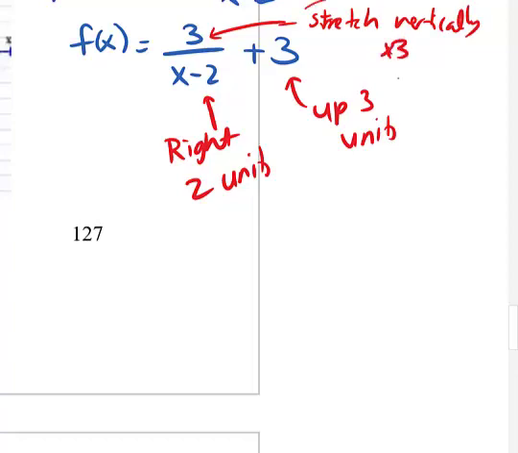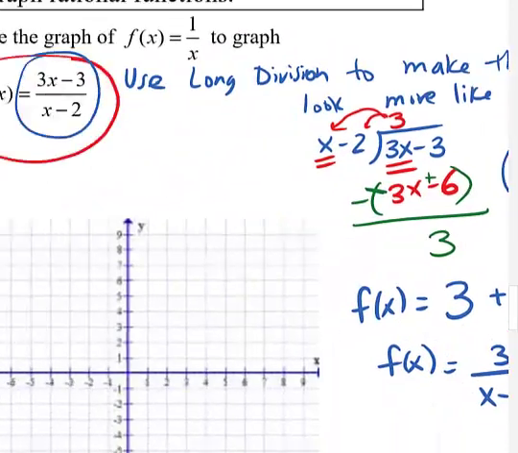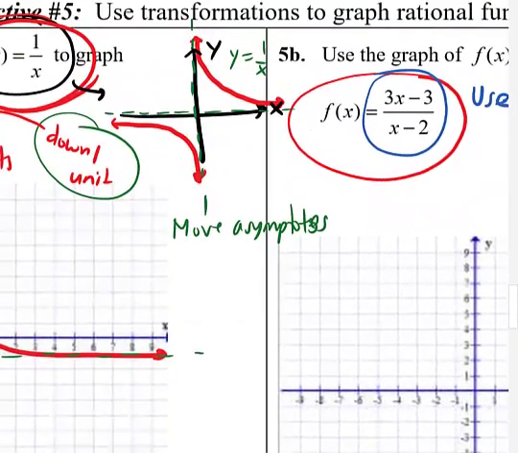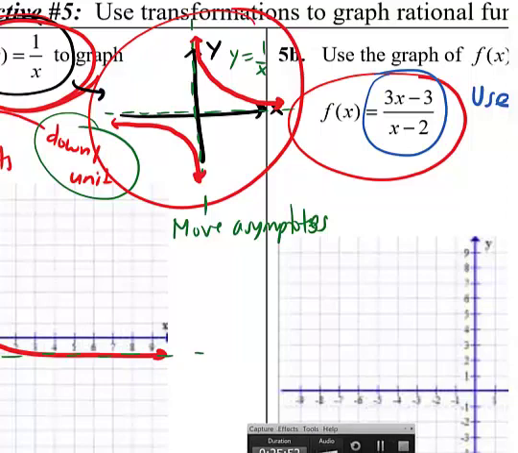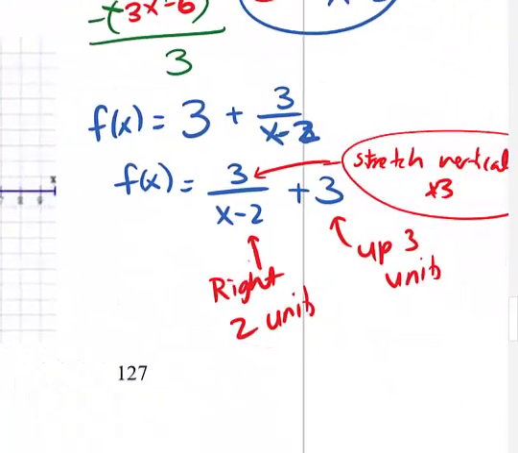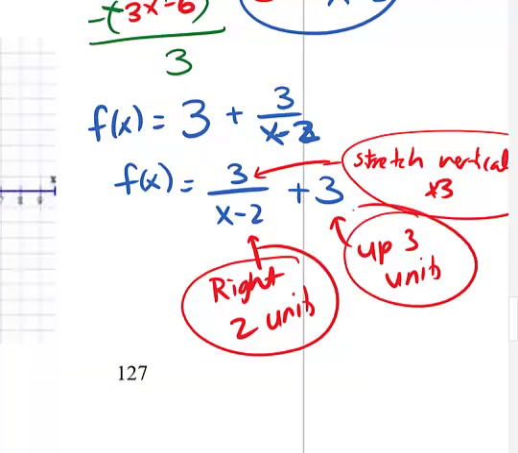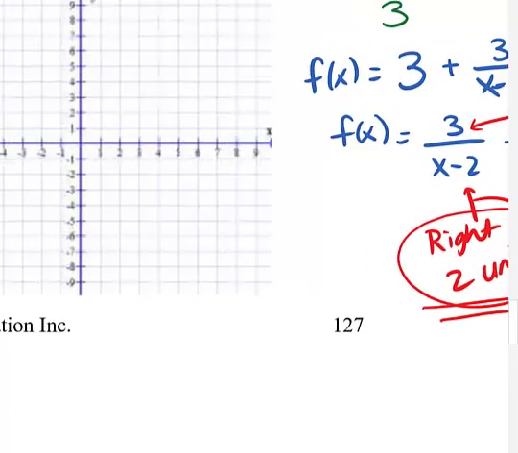But honestly, that's not as important, because if you look at the graph of 1 over x and stretch it vertically, I don't even know if I can tell, because it's approaching the x-axis and the y-axis. It's kind of tricky to show. The main thing is you definitely want to show that you move things to the right 2 units and up 3 units.